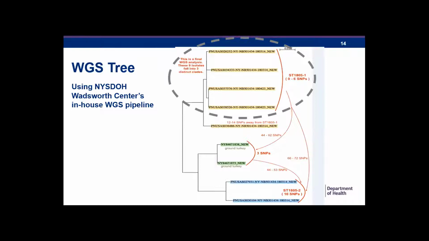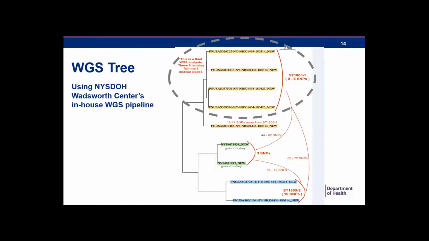This was just an example to show how the first 4 whole genome sequencing cases were reported to us, matching cases using the pipeline at Wadsworth Center. The ones in the circle were the ones that eventually became part of this outbreak, 0 to 6 SNPs.